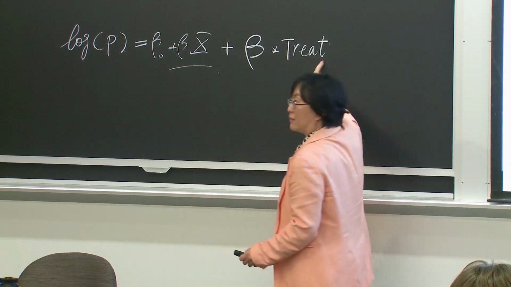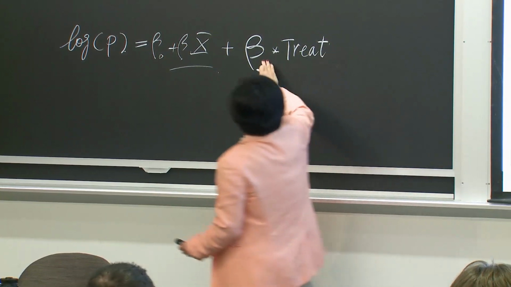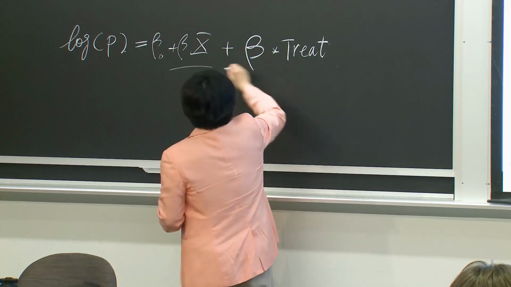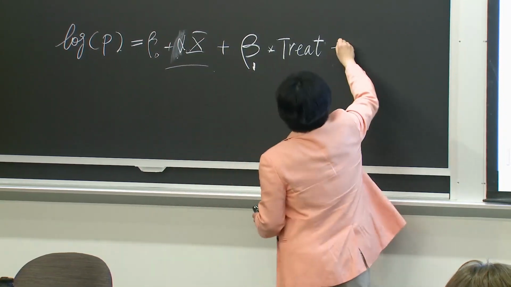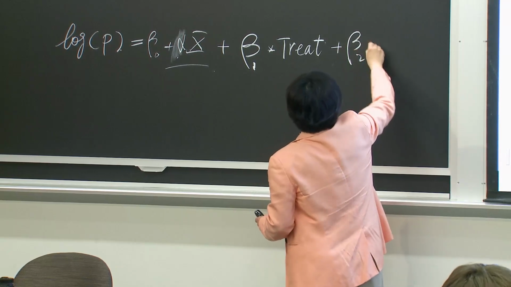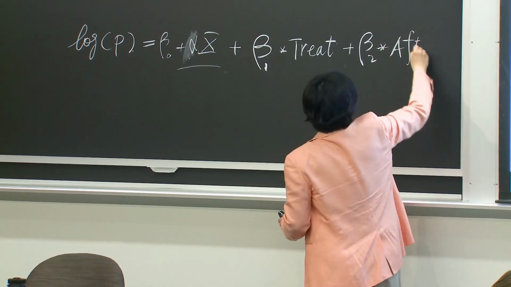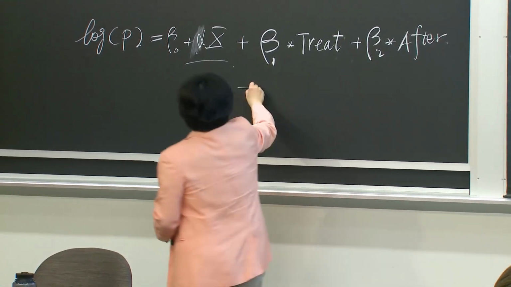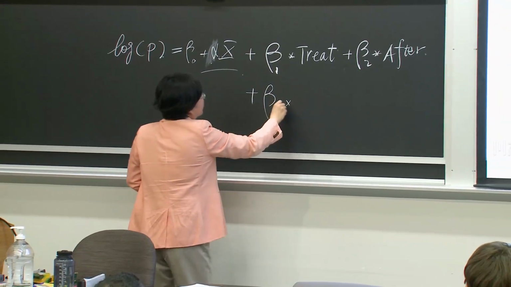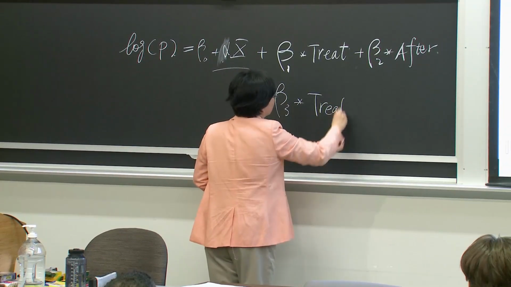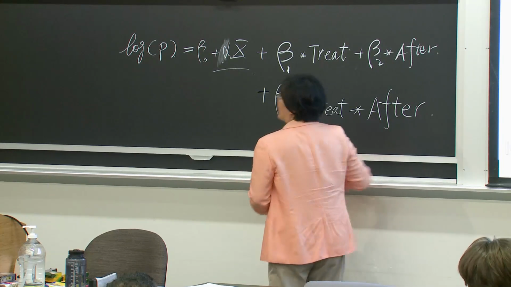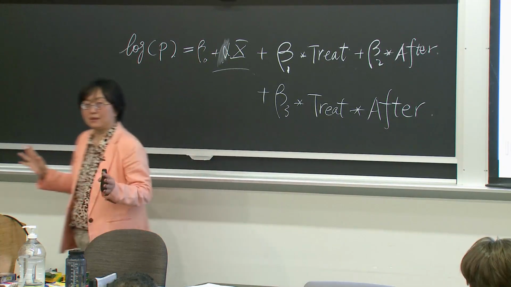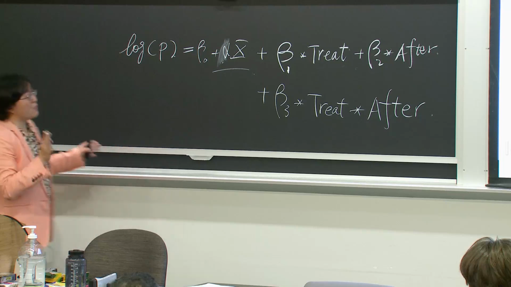Treat is a dummy. So the specification is alpha plus beta 1 times treat, plus beta 2 times after, plus beta 3, the interaction. What do you mean by this?